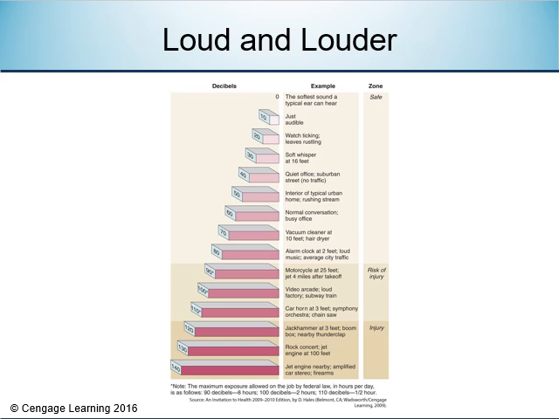Things like what I do, like my trivia hosting and playing music for people and speaking over things. That's probably, looking at this, that might even be all the way up in the 100 decibel level. Video arcade, a loud factory, subway train. I don't know which is a higher risk for injury.